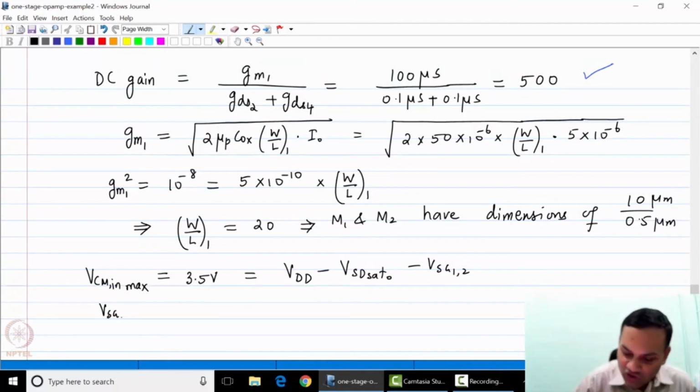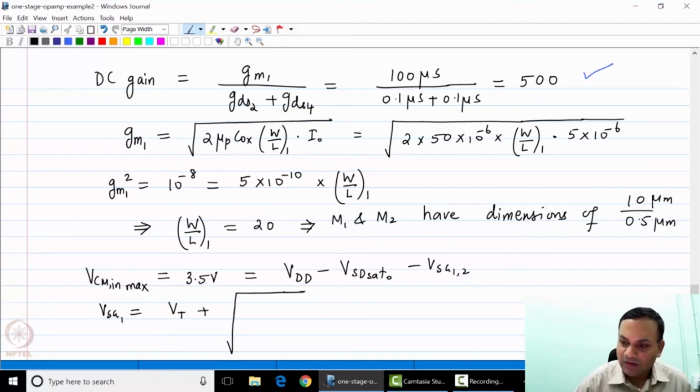Now VSG1 is given by the following relationship. It should be VT plus, so let us calculate it in a different way this time. Let us calculate it from the GM.